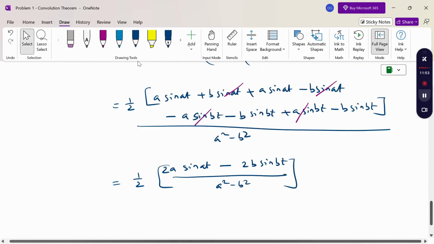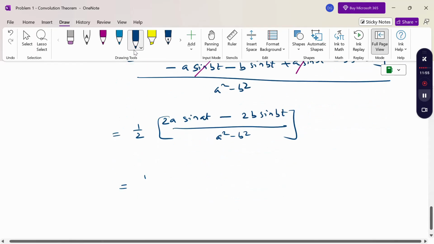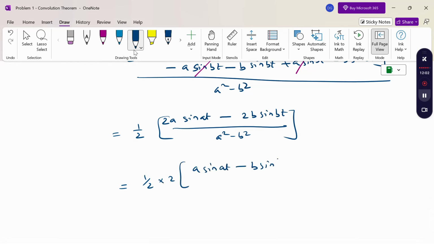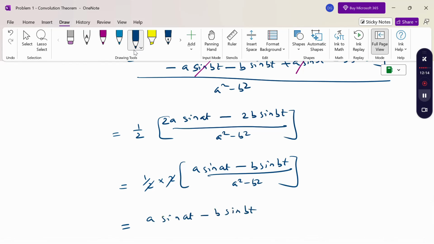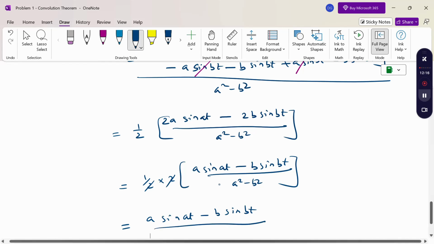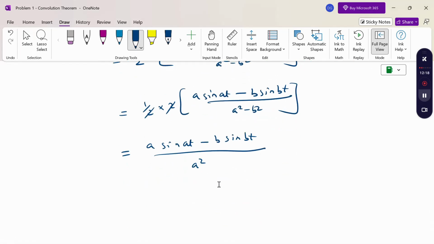Now I am taking 2 common out. Therefore 1 by 2 into 2, whenever I am taking a sin at minus b sin bt by a square minus b square, cancel these 2 and 2. Therefore the answer is a sin at minus b sin bt by a square minus b square.